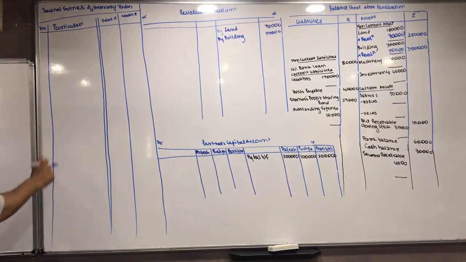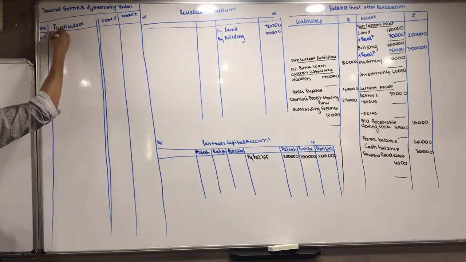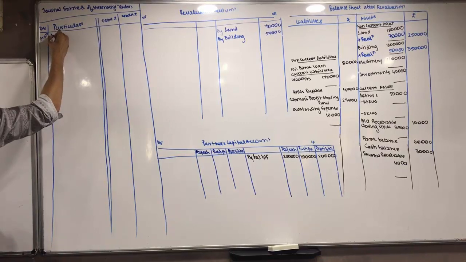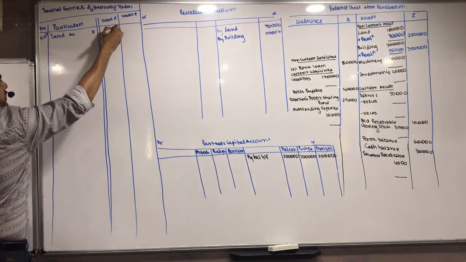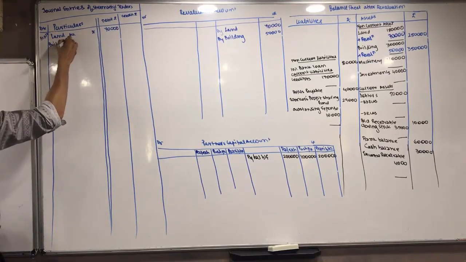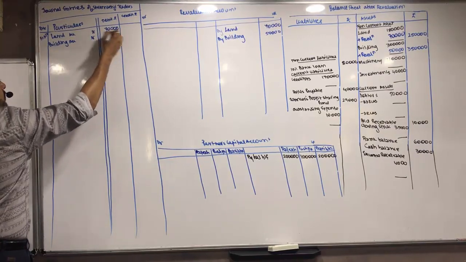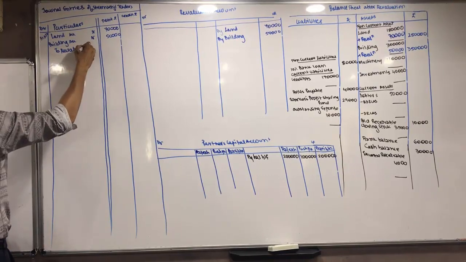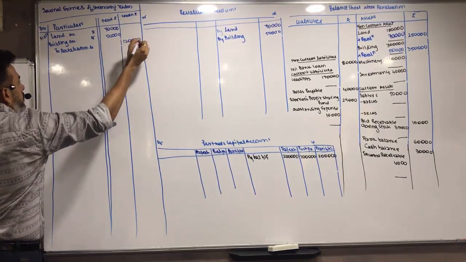So the entry will be, sorry, land account debit 70,000. Building account debit 50,000. To revaluation account 1,20,000.